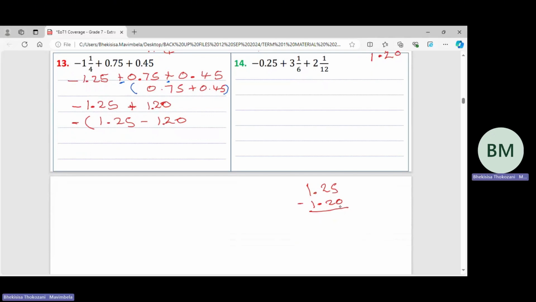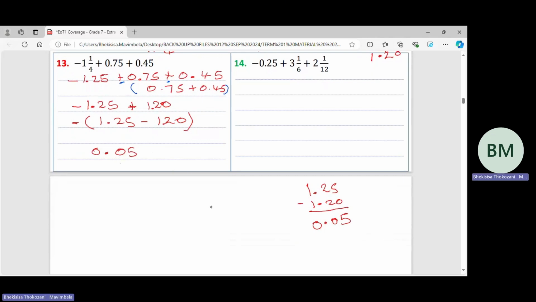Interesting. So 5 minus 0 is 5. And it should be 0. Right? And this should be 0. So the final answer here is 0.05.